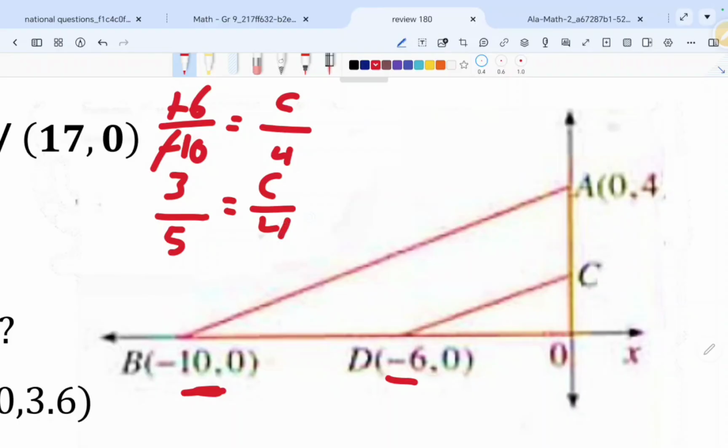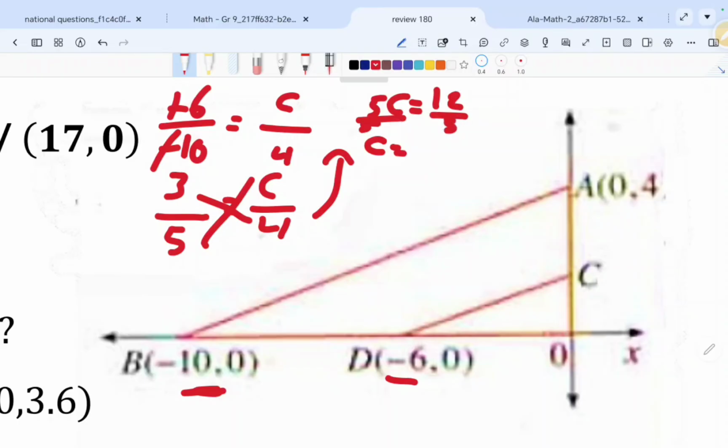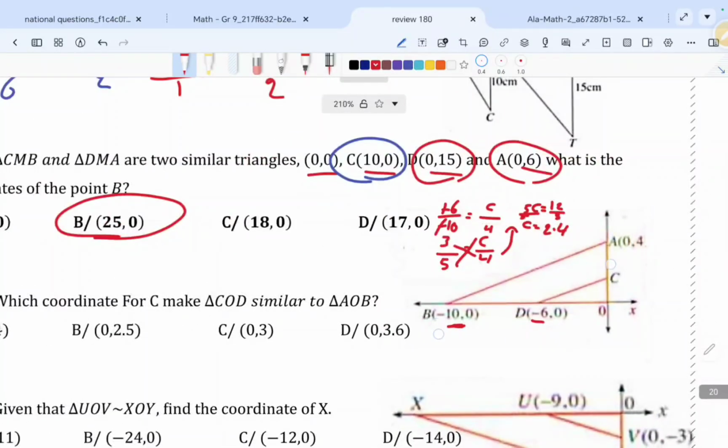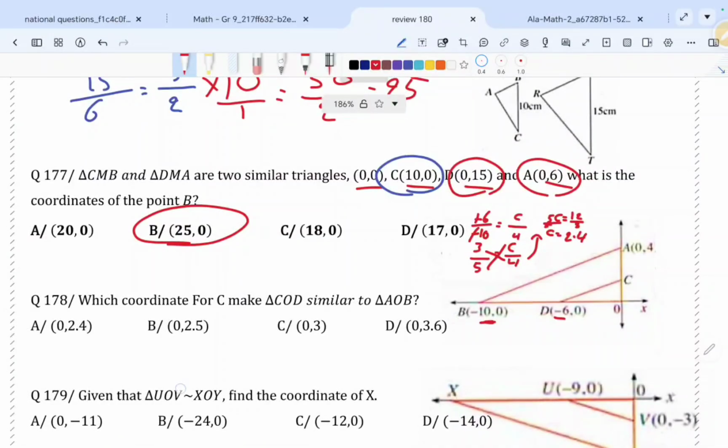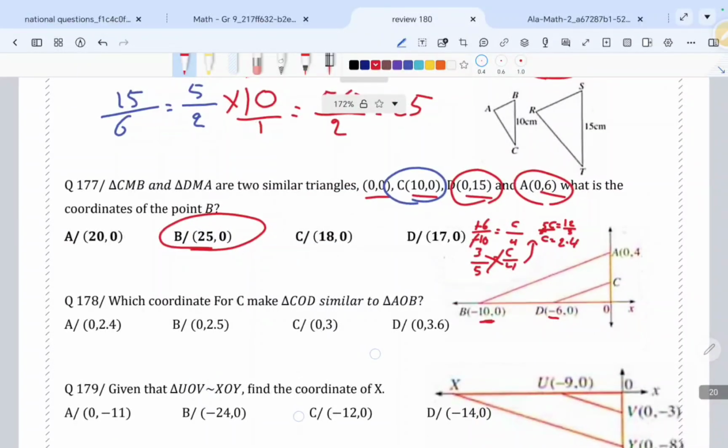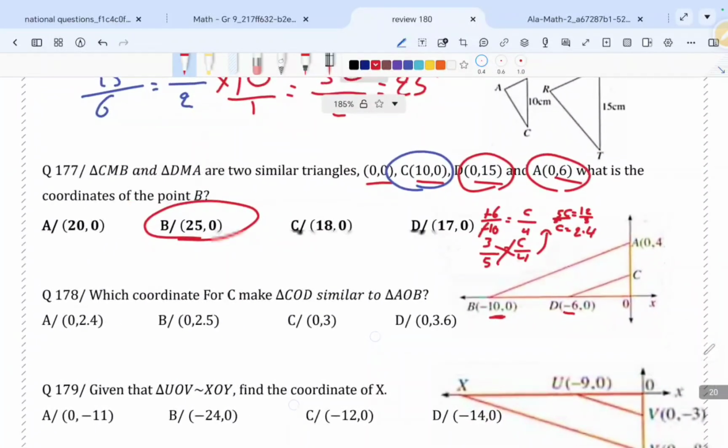Okay, cross product. It will be 5c. 4 times 3 is 12. So c, divided by 5, divided by 5. C is equal to what? 2.4. As an x-axis, so it will be 2.4 and 0. Sorry, yes, 2.4 and it's on the y-axis. Sorry, this one is the x-axis. 0 and 2.4.